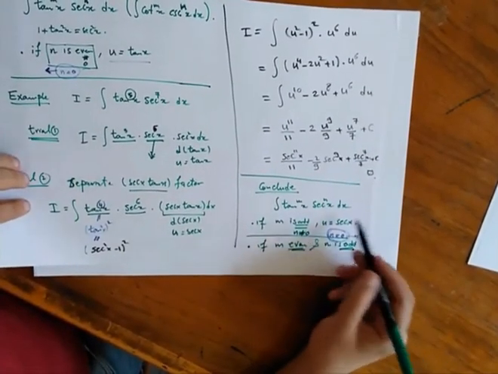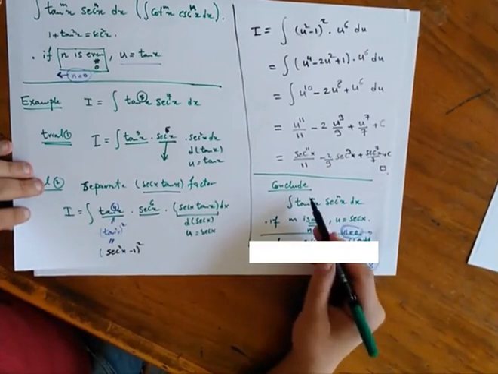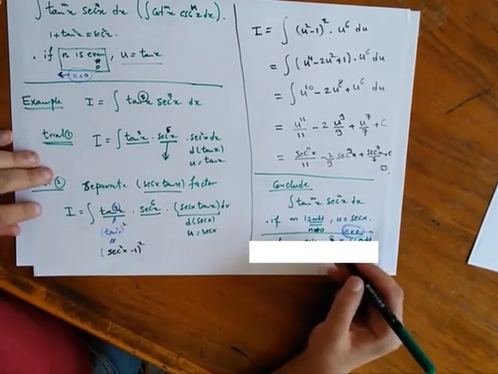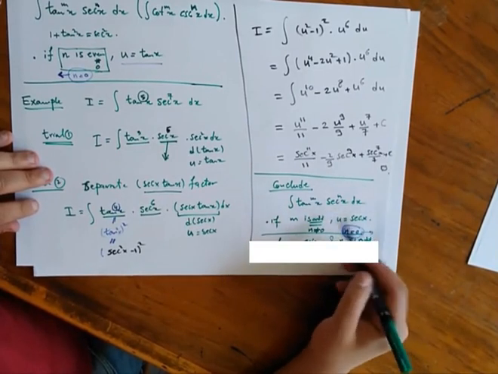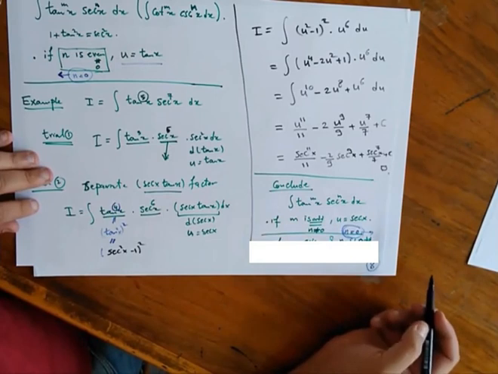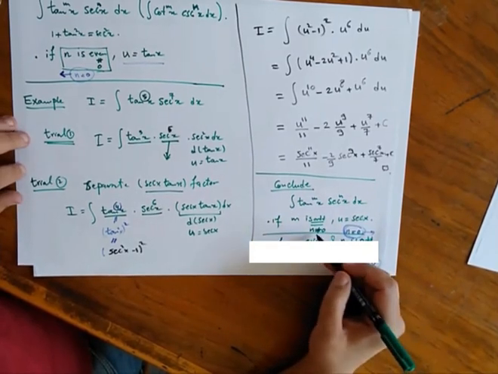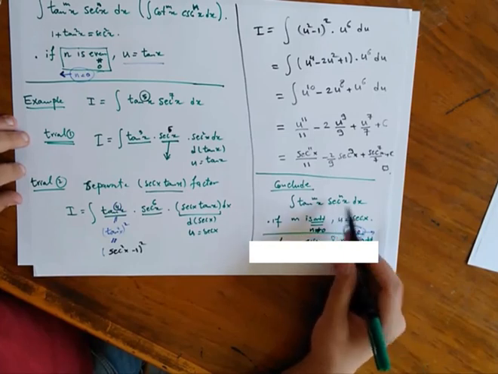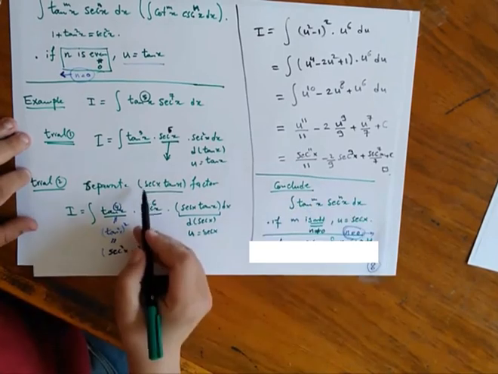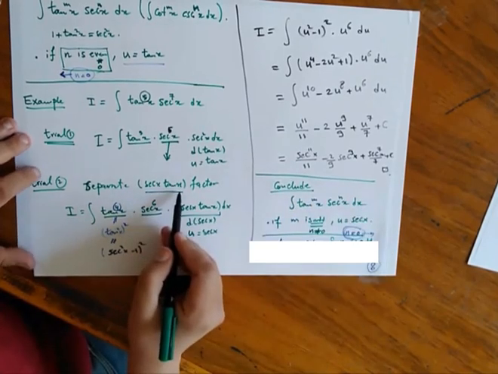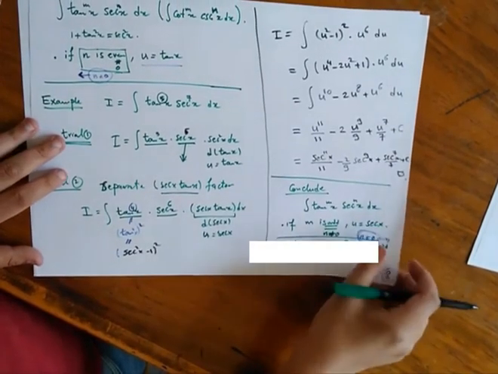We said that to apply this method in the case of m odd, you have to separate sec tan, and then you're going to use this substitution. But actually you can do that only if n is not equal to 0. If n is 0, the secant will disappear, so you will not be able to separate this factor, which is sec times tan.